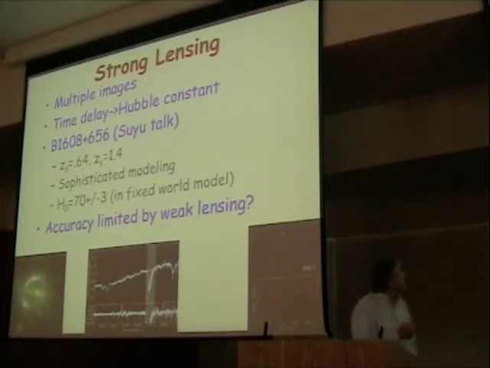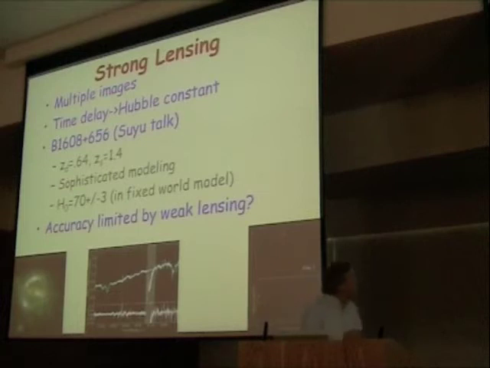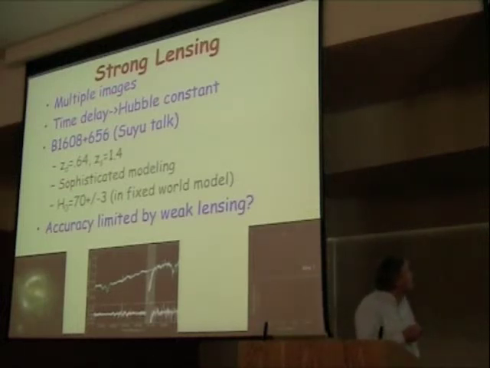It's a lens that has many positive features to it and some complications. And the bottom line is, if you fix the world model, you don't allow that to float, then the Hubble constant is measured to about 5% precision, according to this method and with the assumptions that are made here.